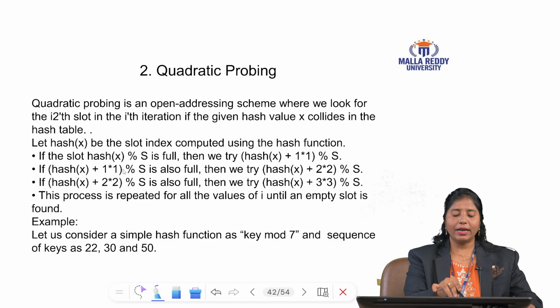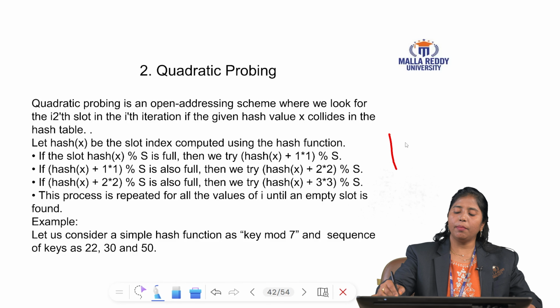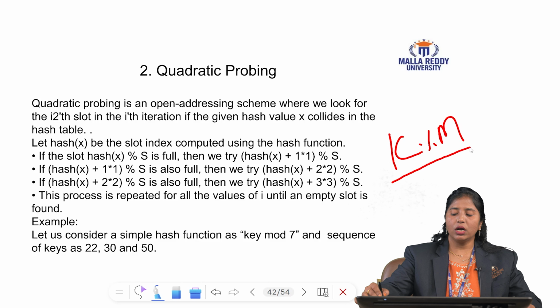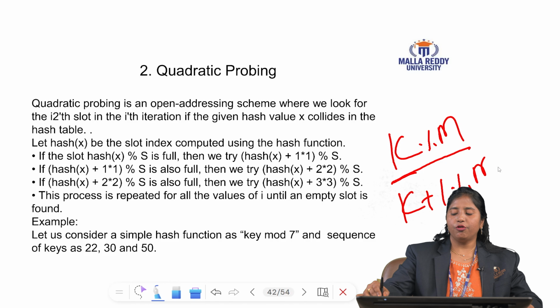If the slot of X mod S is full, then we try hash of X plus 1 times 1 mod S. Simply, generally K mod M is the division modular method if the collision does not occur. If a collision occurs in linear probing, then we store at K plus 1 mod M. In quadratic probing, we take K plus I square.